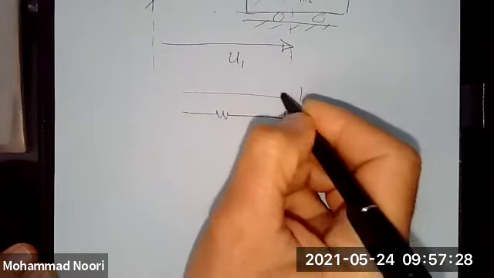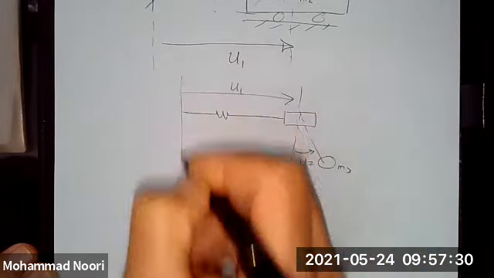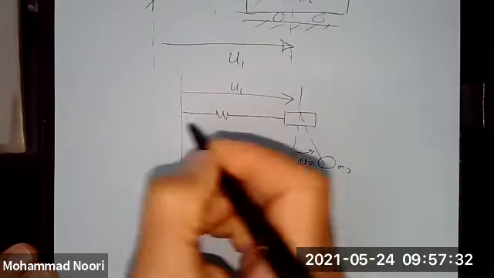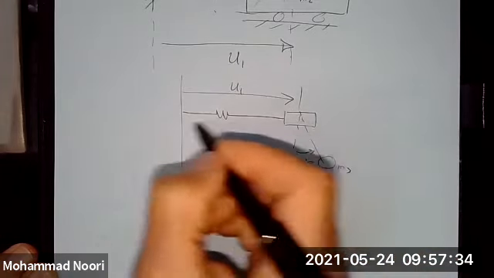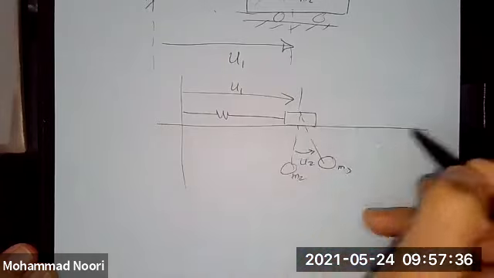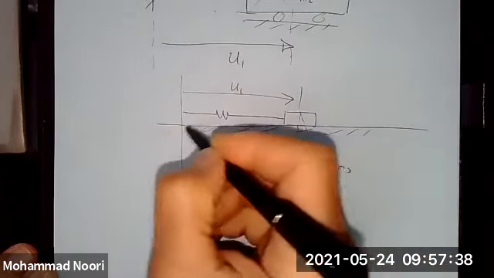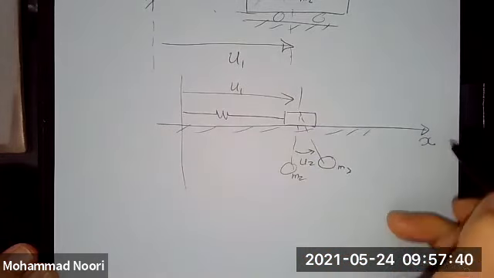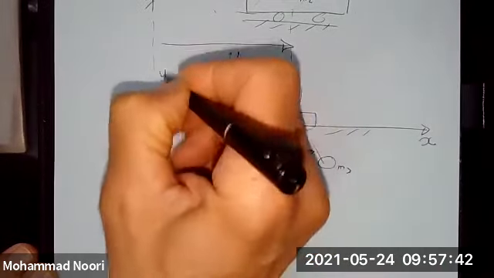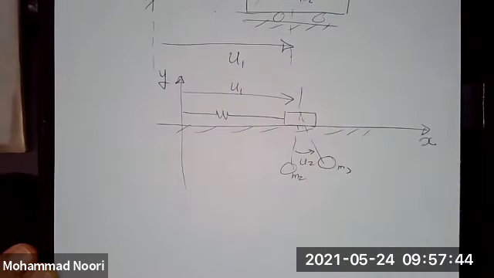This is that mass 1, U1. And I would set up this coordinate system here. This is X. This is Y. Okay. Let's say the length of this pendulum is L.